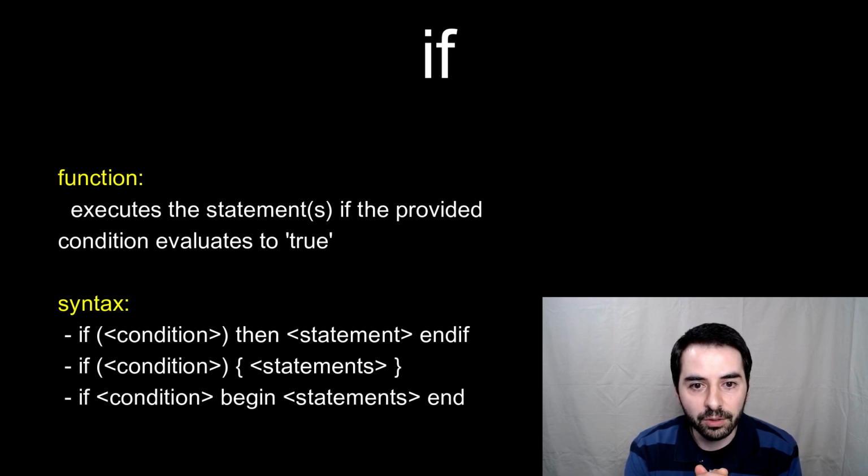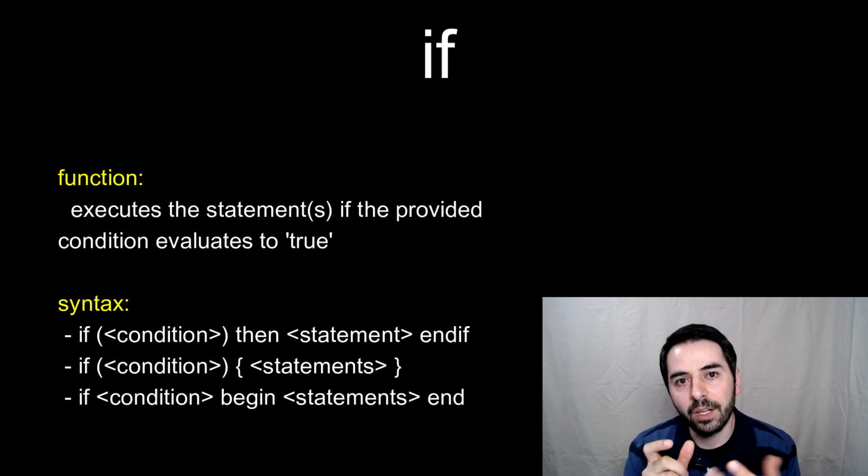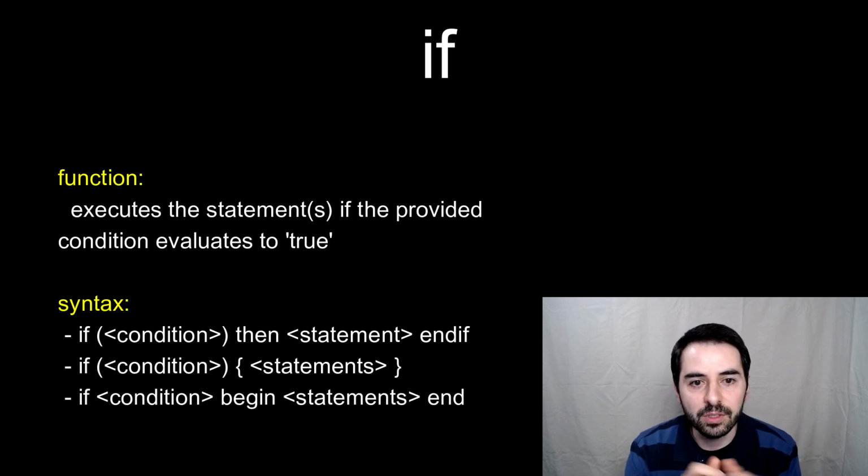So in the minimal form of the if statement, we provide a condition. We say if some condition, then do something. The keyword then is skipped in some programming languages. The syntax is different across languages, but usually it's if and then the condition, and then optionally then, and then the statements to execute if the evaluated result value of the condition is true at runtime.